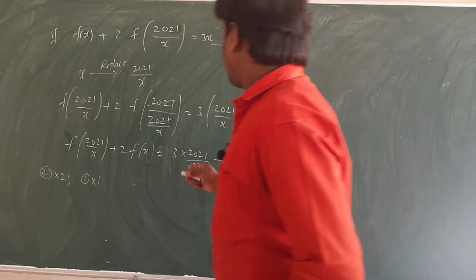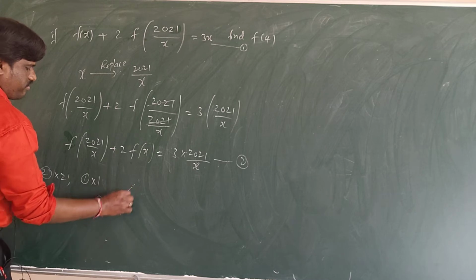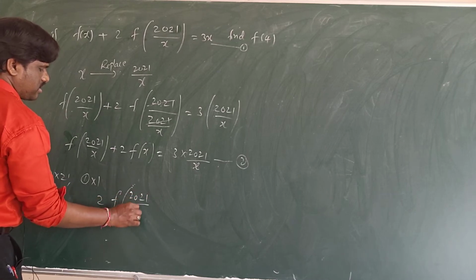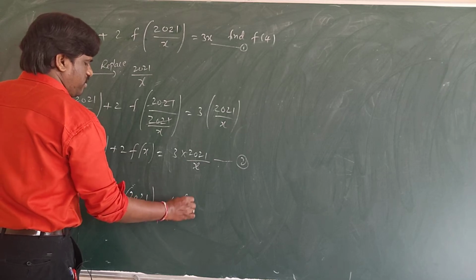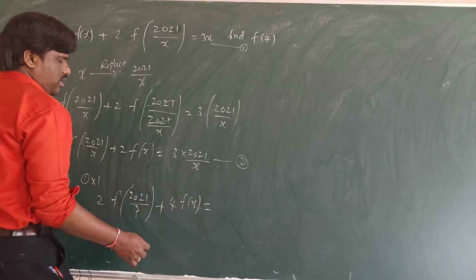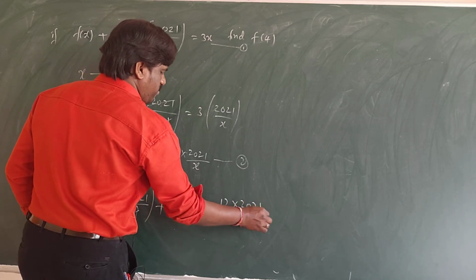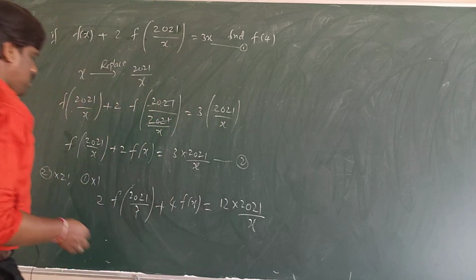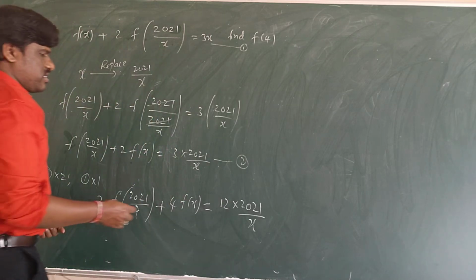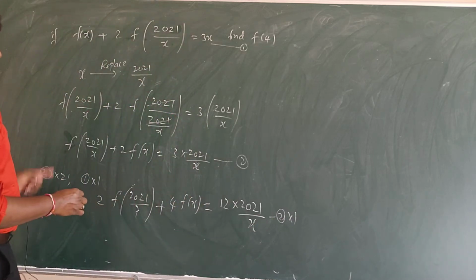Multiplying the second one with 2, you get 2 times f of 2021 by x plus 4 f of x is equal to 12 into 2021 by x. Is it right? Now this is the second equation after multiplying with 2, and then you subtract the first equation.